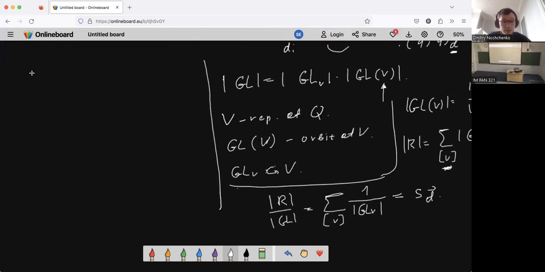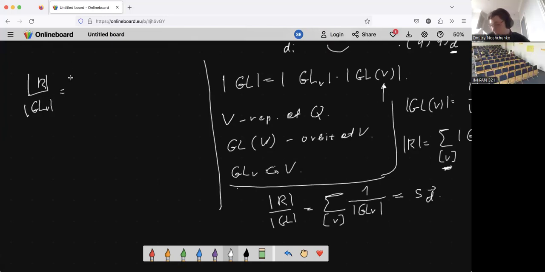So the claim is that we have, let me write again, R divided by GL. Oh, no, sorry, not V, of course. This is just the whole group. So we don't fix a representation because we sum over all such representations.